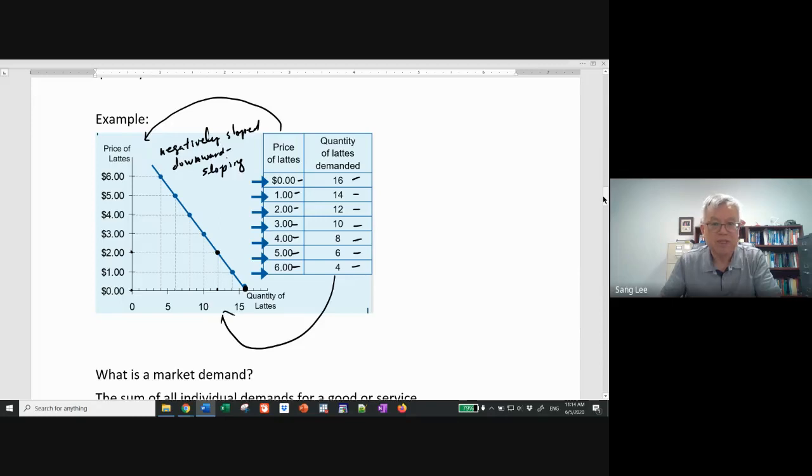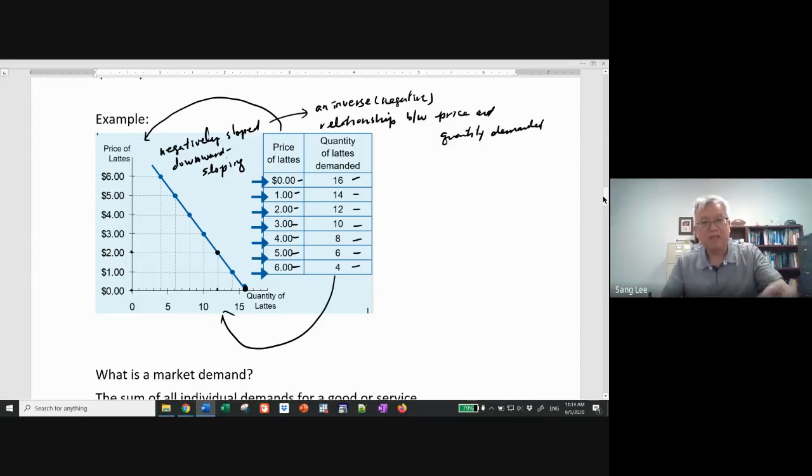So what does it mean? That means simply it is an inverse or negative relationship between the price and the quantity demanded.